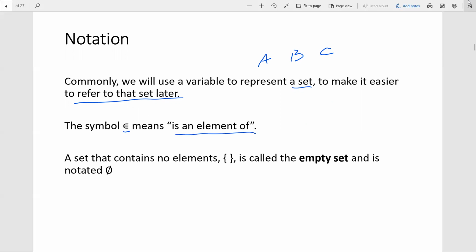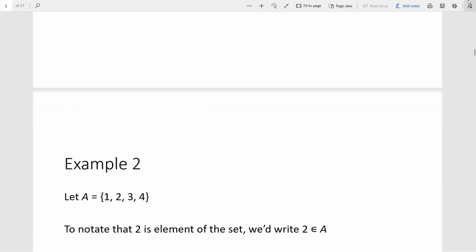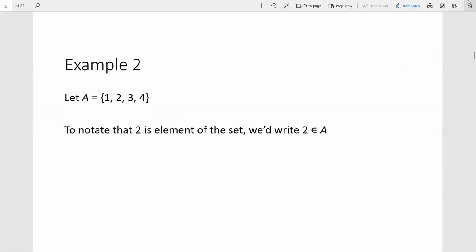A set that contains no elements is called the empty set, and it's also notated like this, like a 0. Say set A contains the numbers 1, 2, 3, and 4. To notate that 2 is an element of the set, we simply write 2 is an element of A.